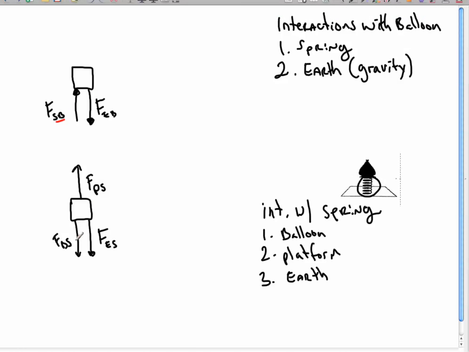Spring on balloon, balloon on spring. Those are the same interaction. So we actually know that that and that should be drawn to the same size. And if they're not, well, I can indicate they're the same size with a little tick mark across the arrow. And that indicates that those two should be the same size. And again, they should be because they both represent the same interaction, the same force.